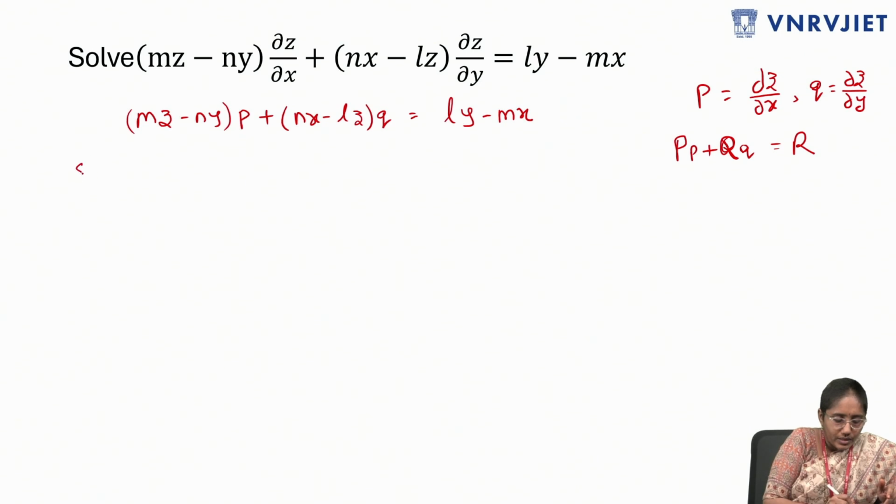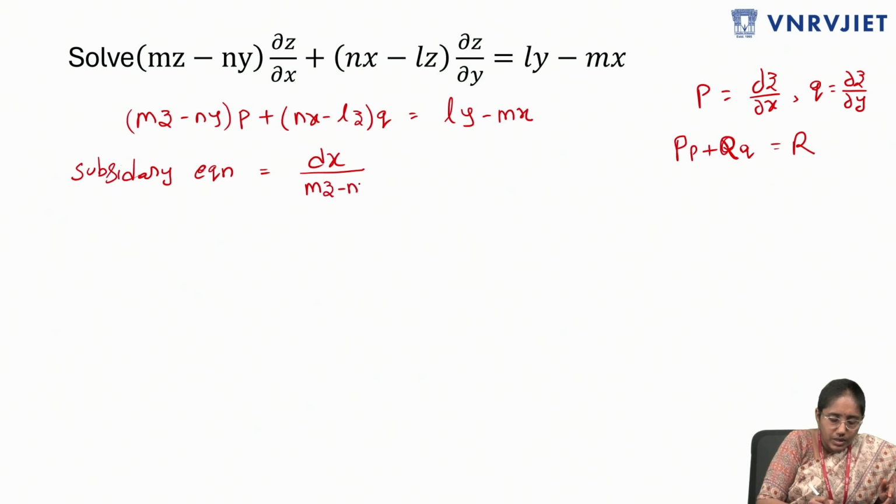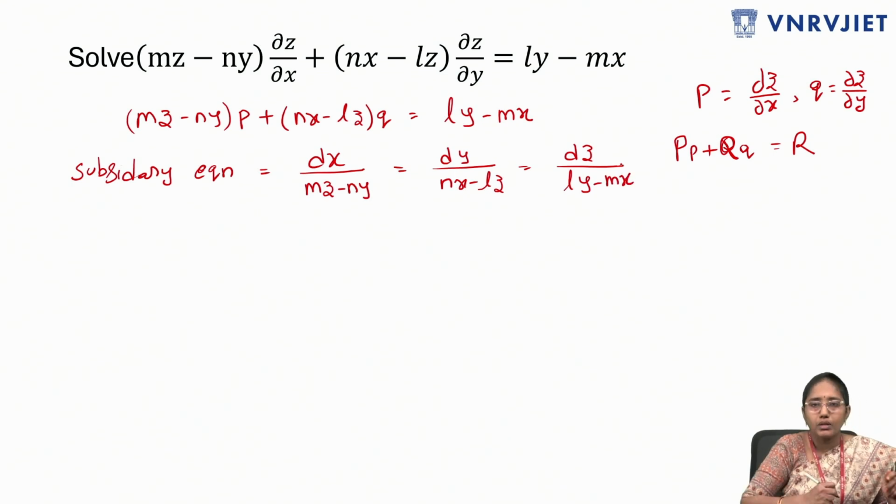So we can find the subsidiary equations. Write the subsidiary equations: dx/(mz − ny) = dy/(nx − lz) = dz/(ly − mx). Observe all the fractions.